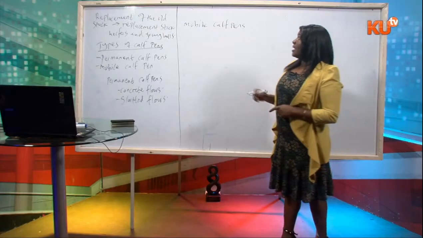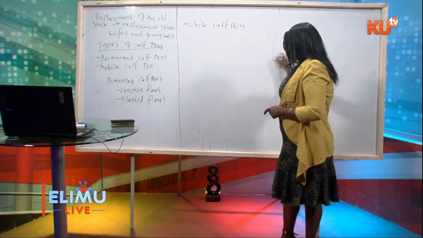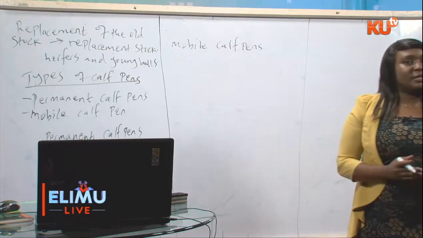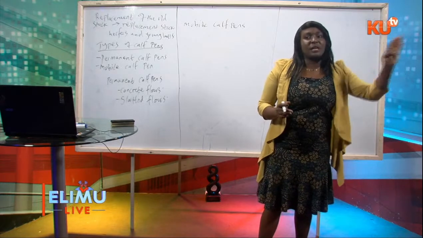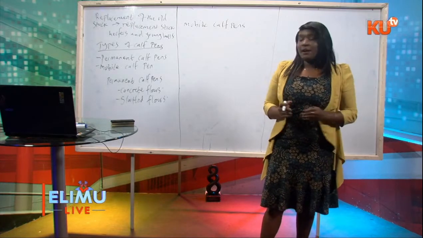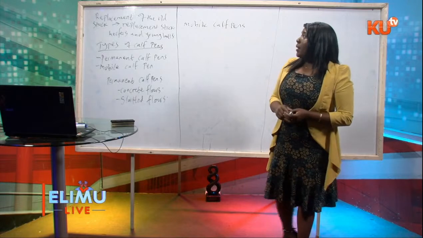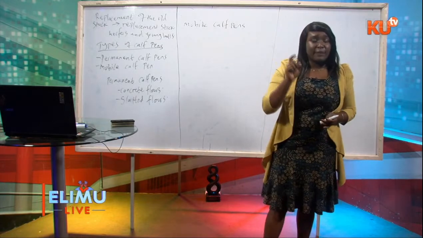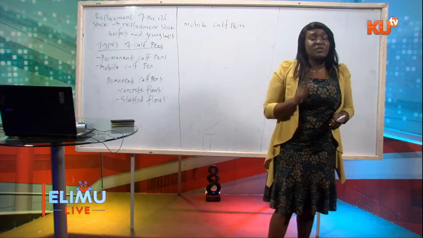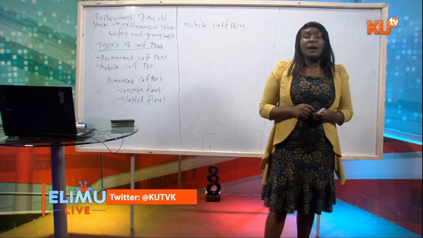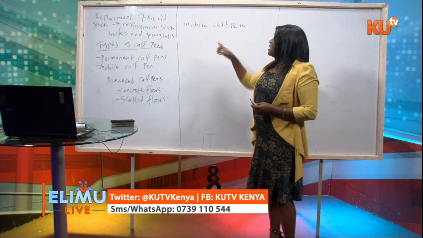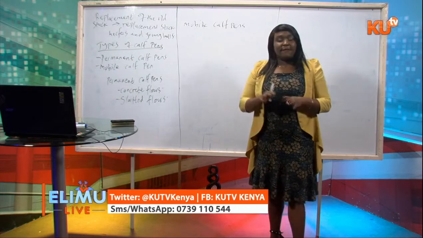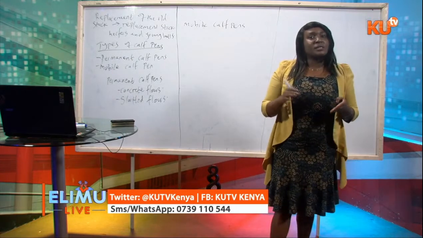So the mobile calf pens can easily be moved even after 2 days. Where you had placed it, you move it, and then of course you move together with the calf so that you get fresh pastures. Because the calf is feeding on the pastures that are growing on the ground, the floor of that calf pen is not covered.